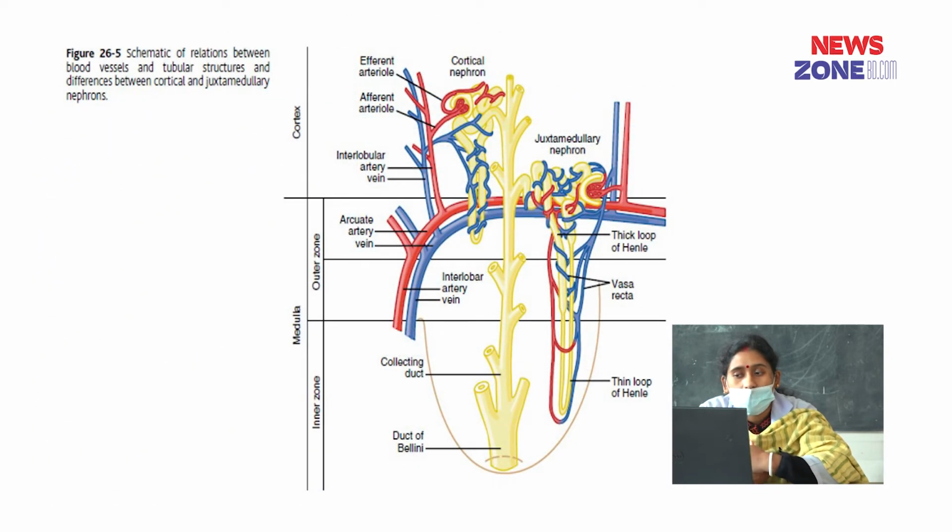Now another question arises from this difference between the cortical nephron and juxtamedullary nephron. What is vasa recta? Then I tell that vasa recta is a specialized branch of the peritubular capillary, and the function of the vasa recta is formation of concentrated urine.